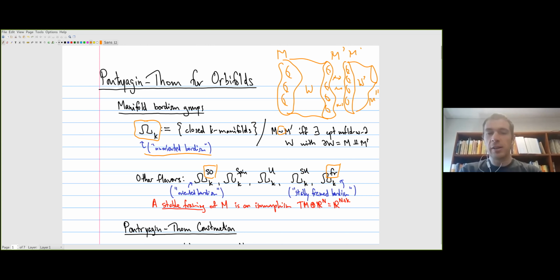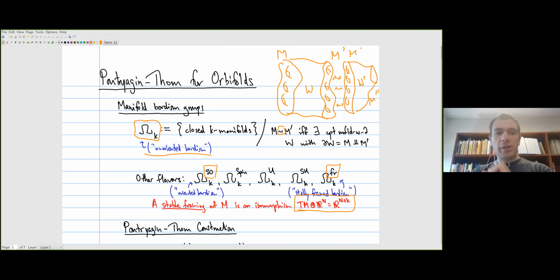A framing would be a trivialization of the tangent bundle. A stable framing is a slightly weaker notion. It's an isomorphism like this: up to adding a trivial bundle, TM is identified with a trivial bundle.